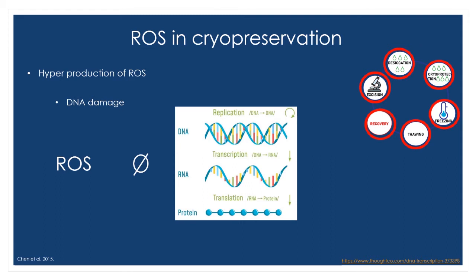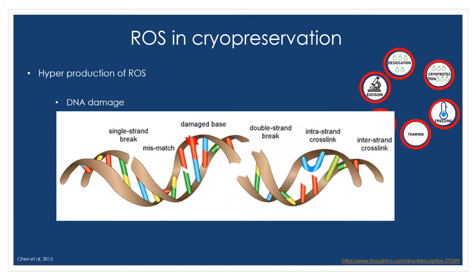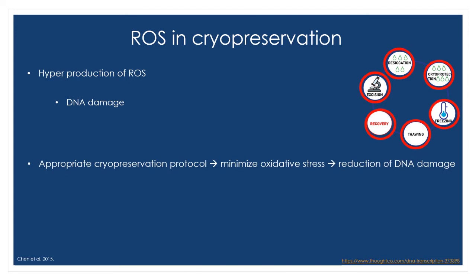Also, there are different types of DNA damage, which we can see in the picture. There are single strand breaks, damaged base, double strand break, and others. In order to make the cryopreservation protocol more successful, we need to have an appropriate cryopreservation protocol, which will then minimize the oxidative stress and thereby reduce DNA damage in plants.